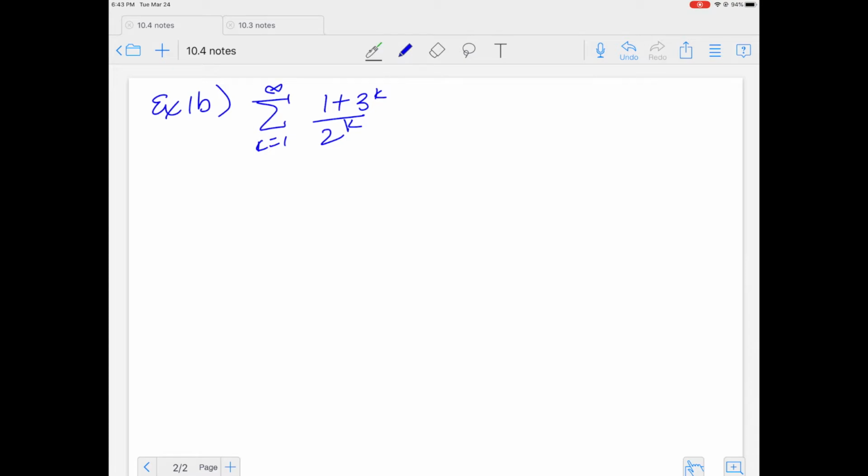Thing number 1, you can take this limit to determine if it diverges by the divergence test. Number 2, you have a monomial, so you could split this up. What do you see about this second part? Geometric, right? And the fact that this is geometric, 3 over 2 is my r value, so it automatically diverges.